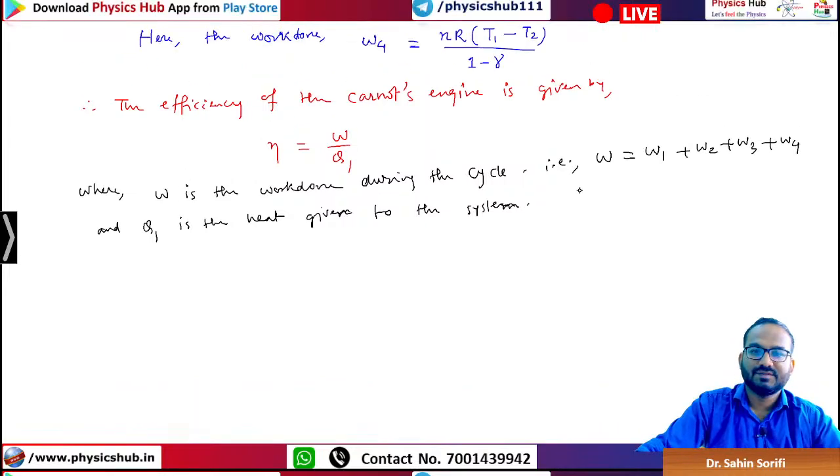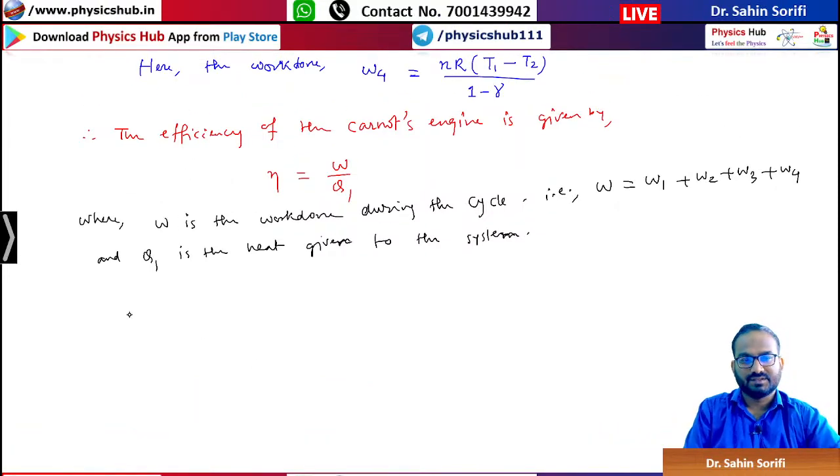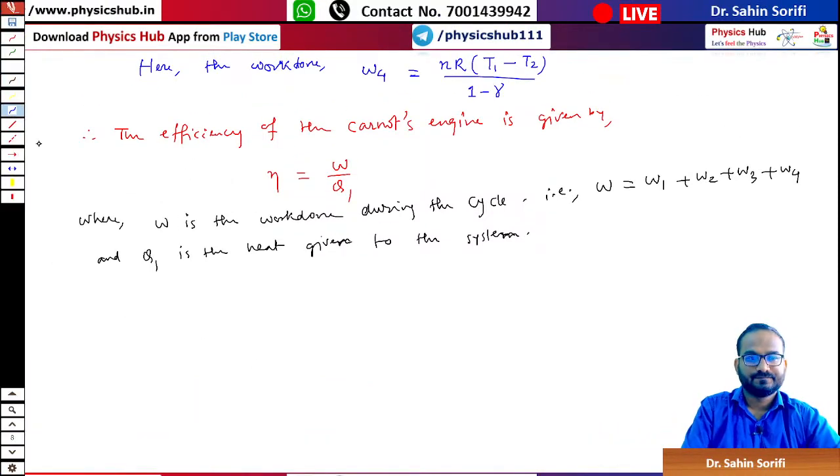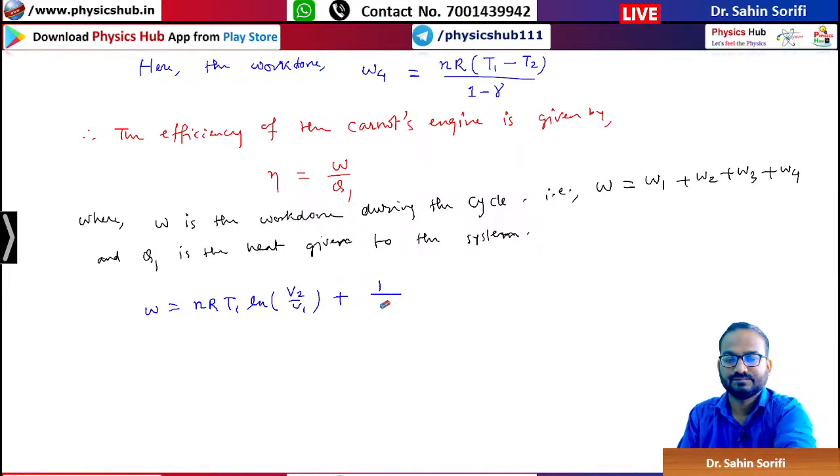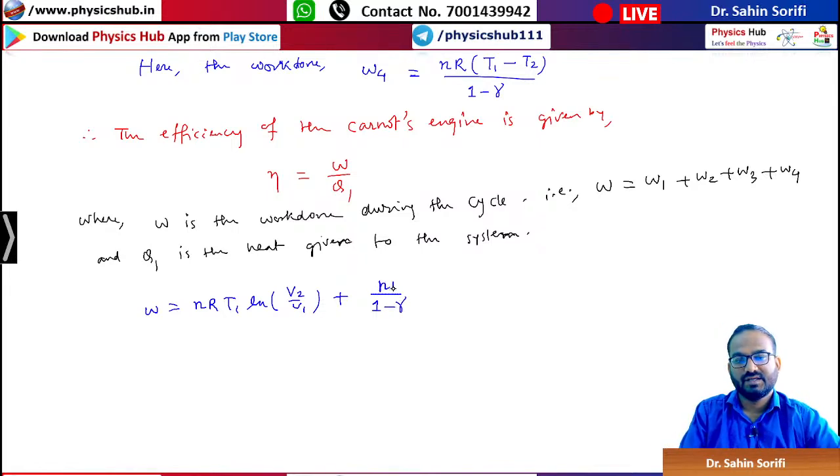So let's add all of this work done, then what you will get? W is equal to, what was W1? W1 was nR T1 ln V2 by V1. W2 is 1 by 1 minus gamma nR(T2 minus T1). What about W3?